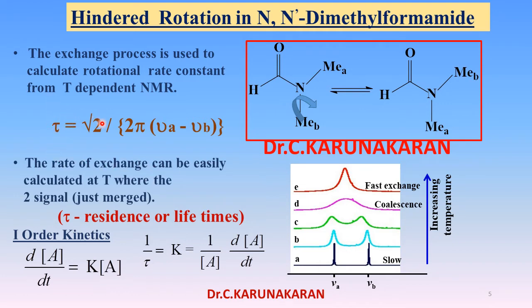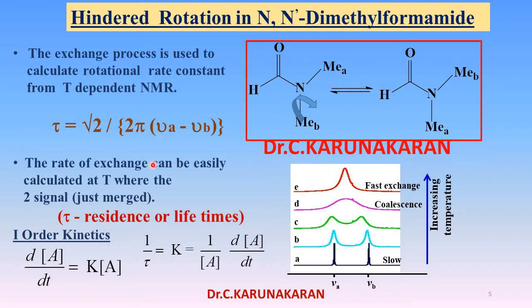At that point, tau is equal to the residence lifetime, the lifetime of methyl proton A in this state, which equals square root of 2 over pi times (nu A minus nu B), where nu A and nu B are the resonance frequencies of the two methyl protons.